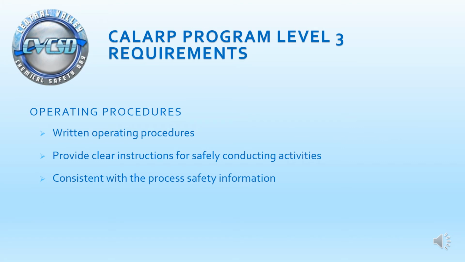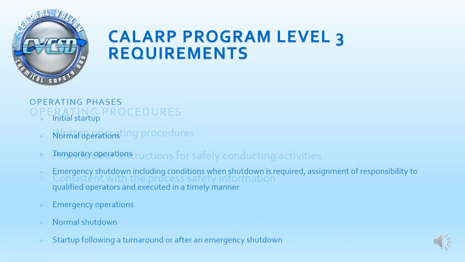So written operating procedures are required under CalARP, and they are intended to provide clear instructions for safely conducting activities, and these should also be consistent with process safety information. For operating phases, there are some specific requirements. I'm not going to read all of them here.